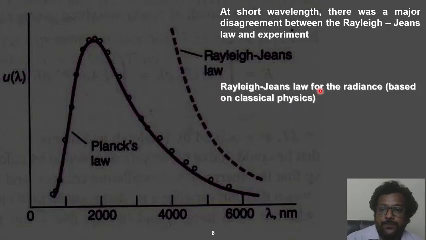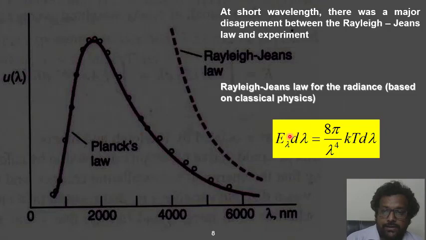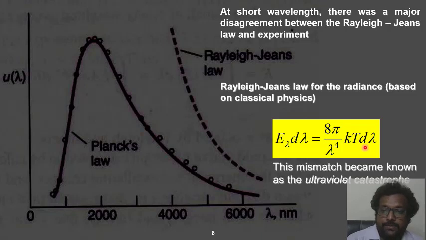The Rayleigh-Jeans law for radiance is based on classical physics, as I said, and it is given by E lambda d lambda is equal to 8 pi lambda to the power 4 kT d lambda. This mismatch became known as the ultraviolet catastrophe.